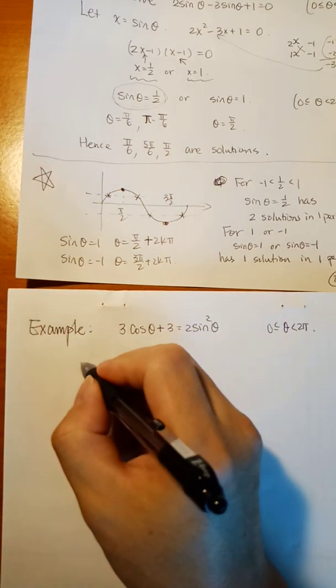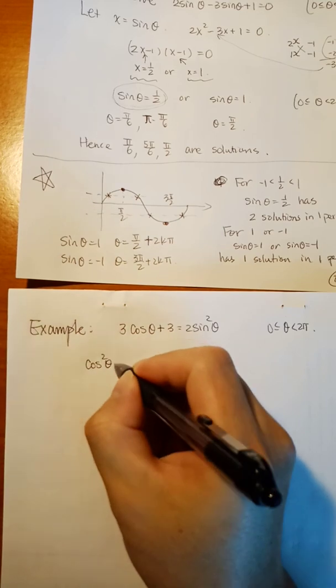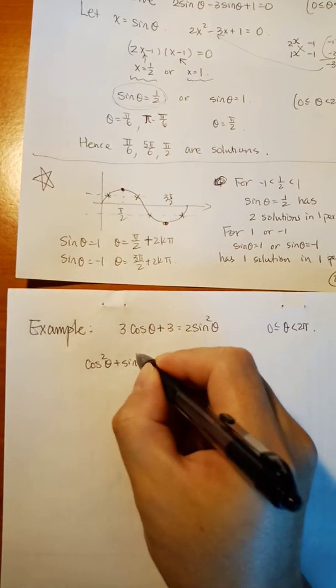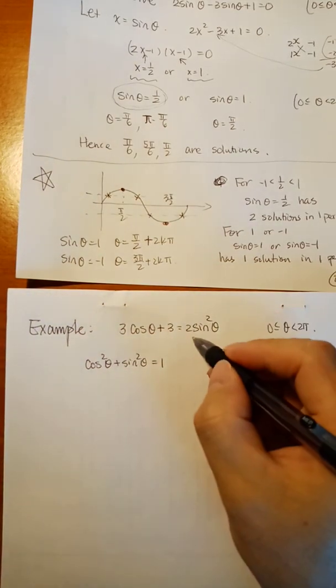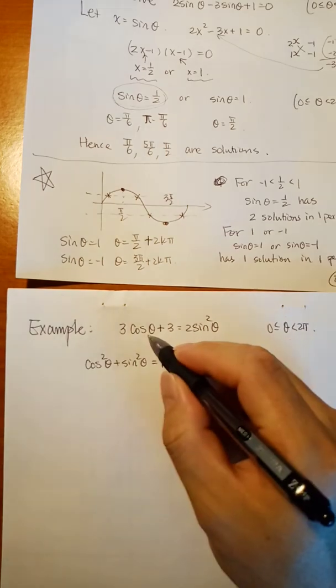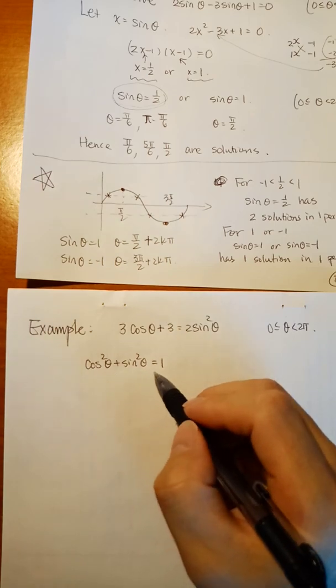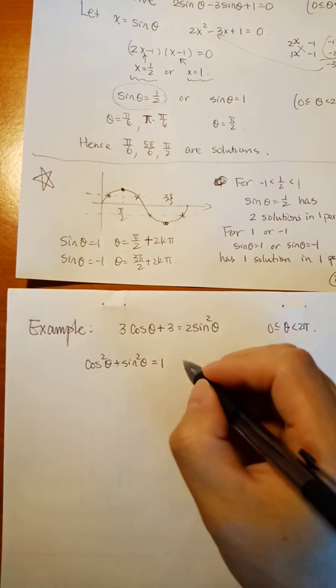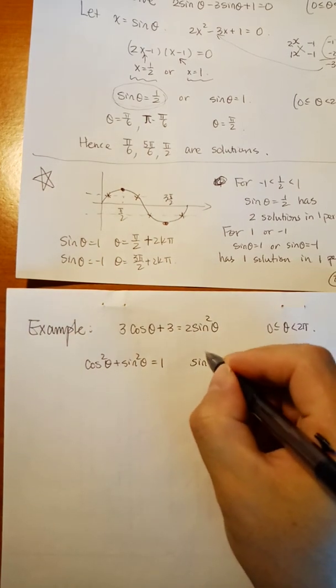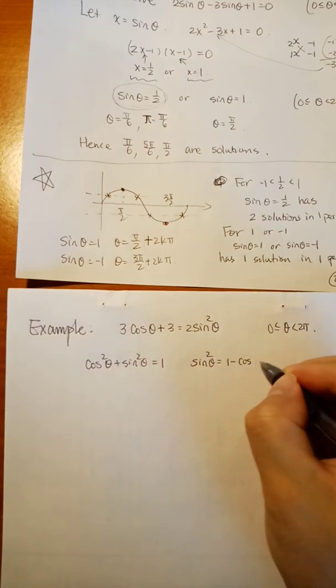And here the trick is the following. We are going to use the identity to transform one trig function into the other. So we know that cosine theta squared plus sine theta squared is equal to 1. So sine theta squared is 1 minus cosine theta squared.